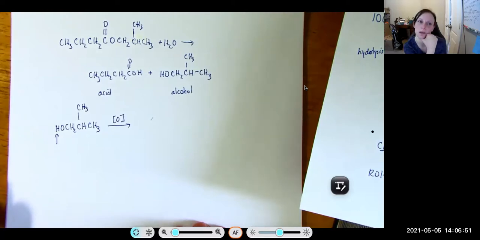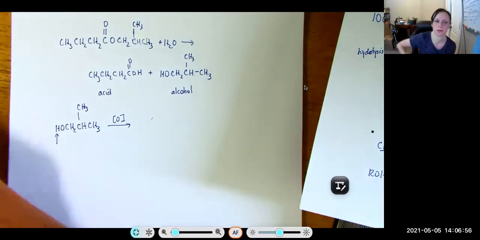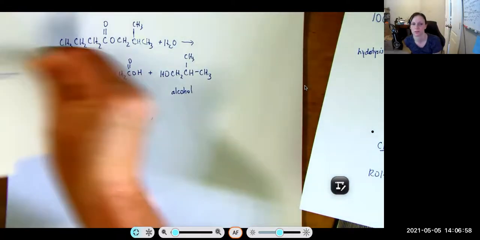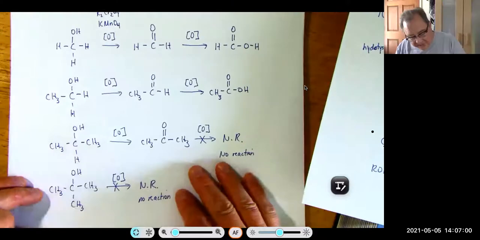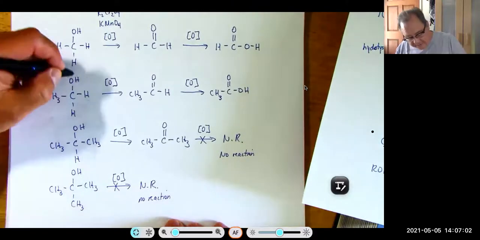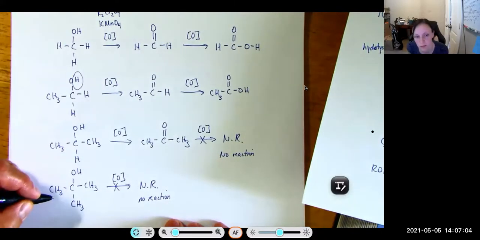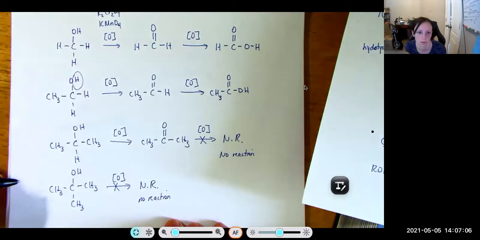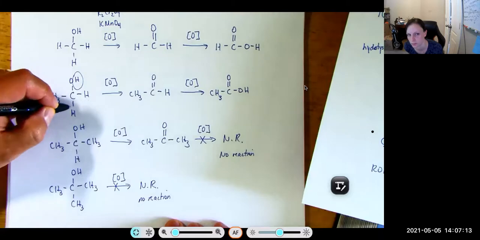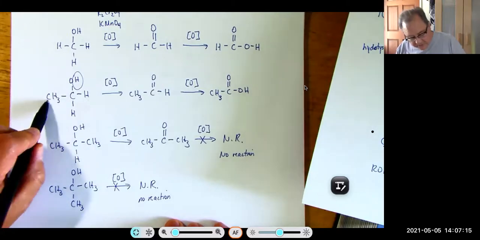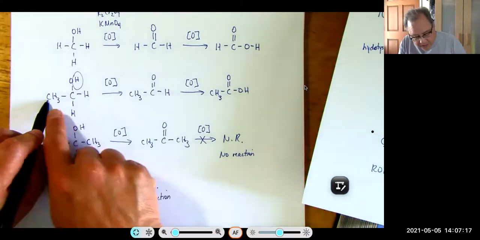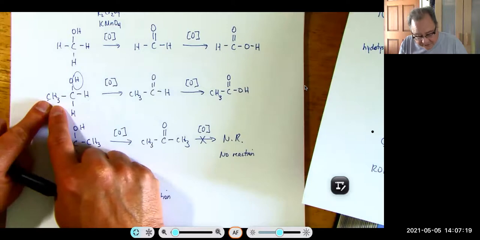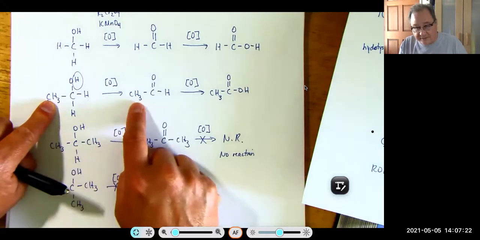I think it's on the carbon 2. No. Or the methyl. We take off this hydrogen, right? Yeah. And where's the other hydrogen we take off? On carbon 2. Well, but if we took a hydrogen off of here, this says CH3 and that says CH3.